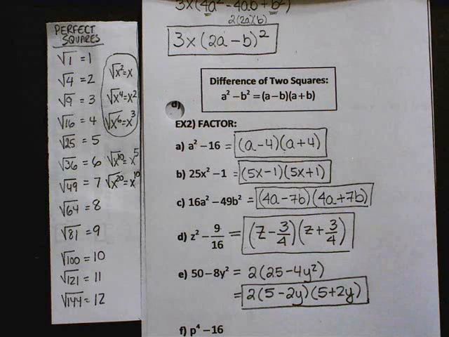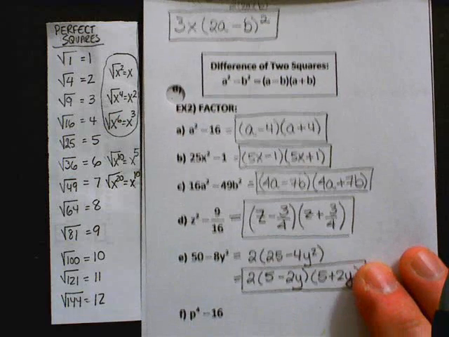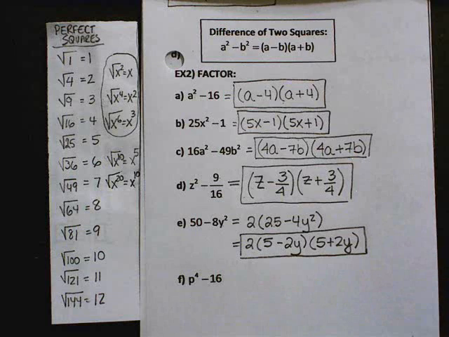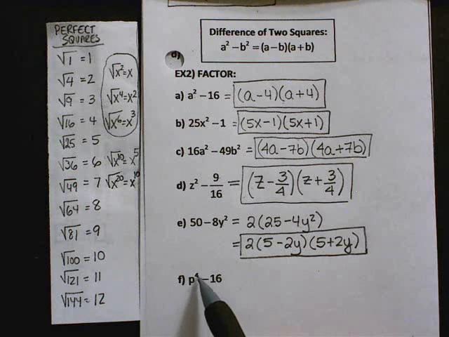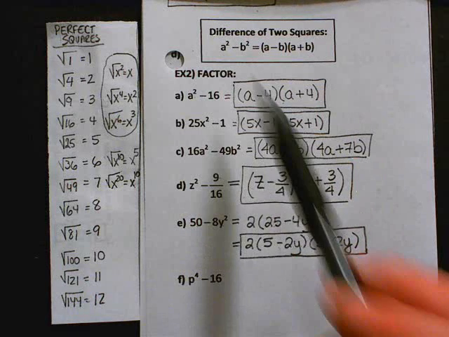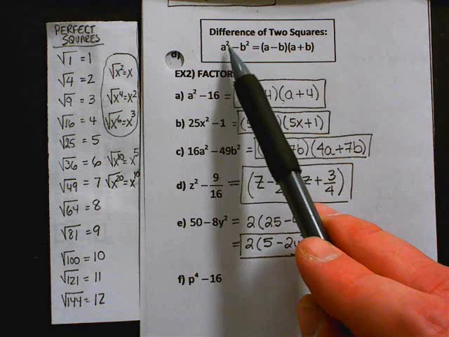Alright, very well. Let's keep going. The next one, it is a perfect square. Remember, p to the 4th power, the square root of that is going to be p squared. So I can apply the rule, even though it doesn't say a 2 there, we're gonna still use it.